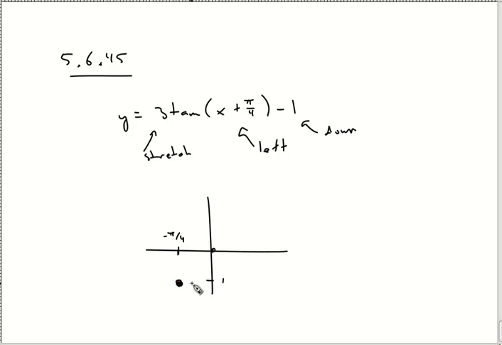This is now at pi over 4 for my vertical asymptote, and this over here would be at negative 3 pi over 4. Okay, and then I'm just going to graph it. So here's my tangent. Boom, there it is. Done.